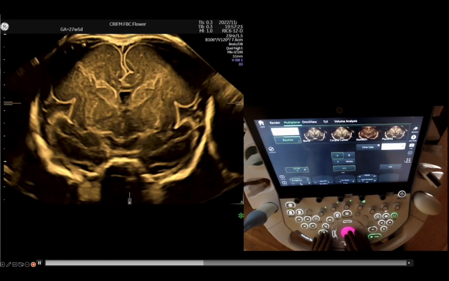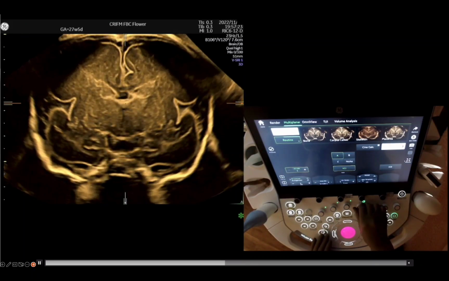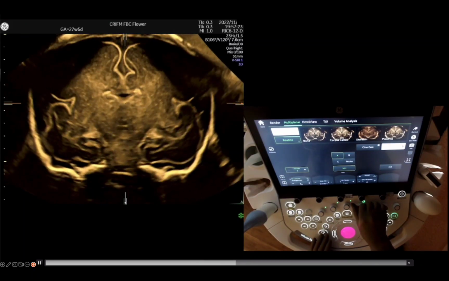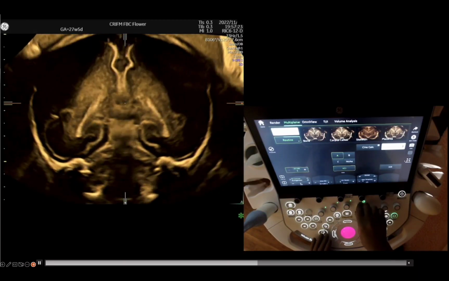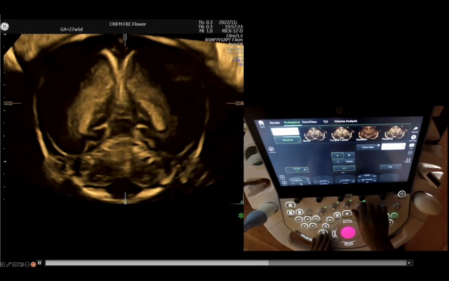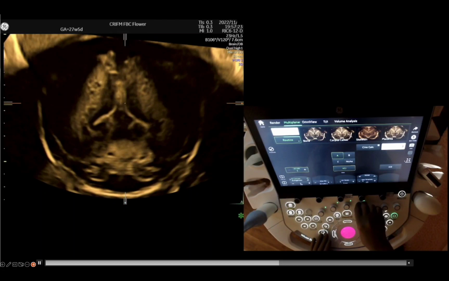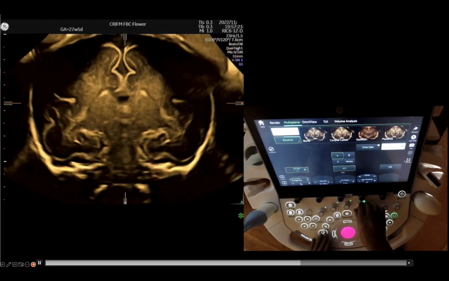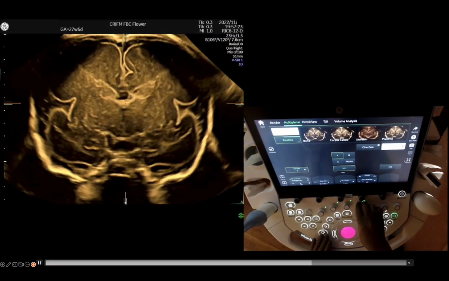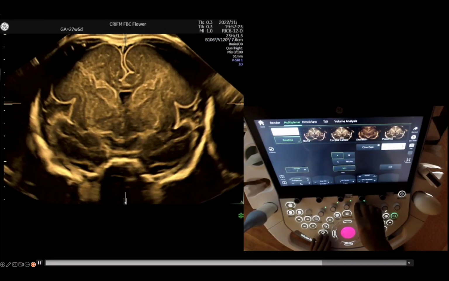Then switch to plane A, the coronal section, going from occipital to frontal, frontal to occipital in continuous parallel sections, to make sure of the bilateral ventricles, choroid plexus, sylvian fissures and other structures.